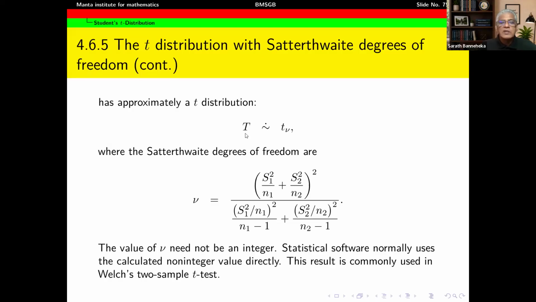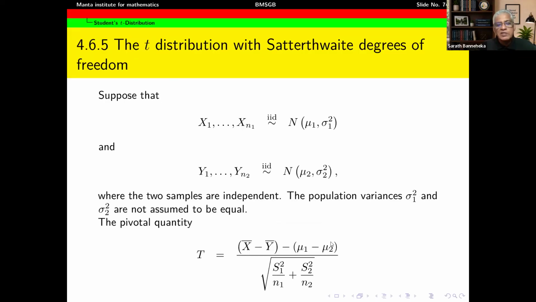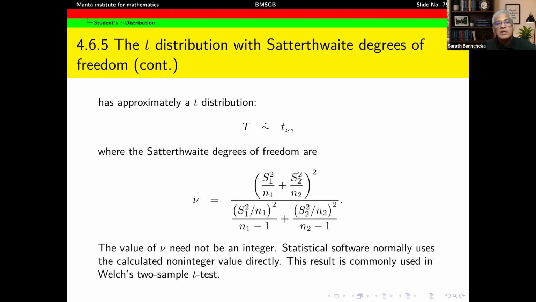In this situation, we say this quantity approximately has a T distribution with degrees of freedom approximately given by this one. And this is called the Satterthwaite approximation.